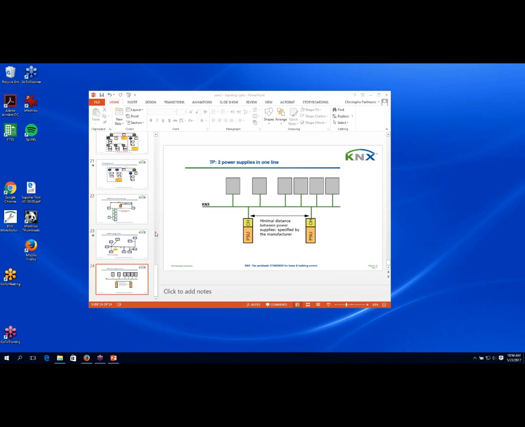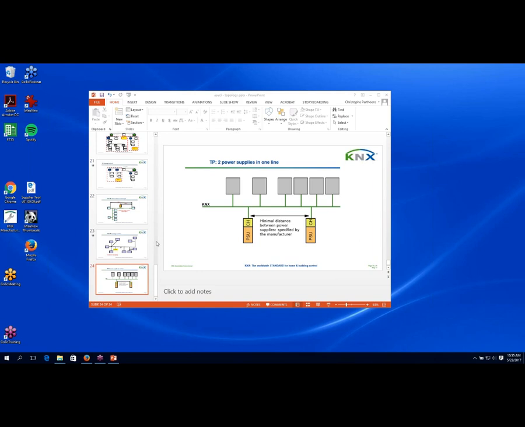I don't see the relation between the monitor and a line repeater and a line coupler. These are just devices of a KNX installation, and the monitor works just for telegrams. It detects telegrams. So for me, the answer is yes.